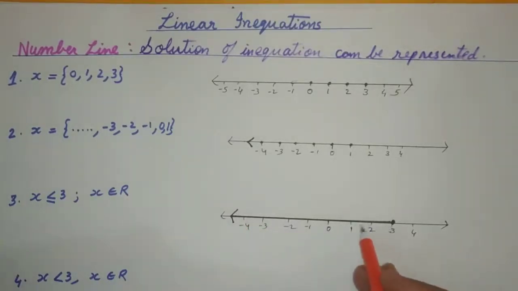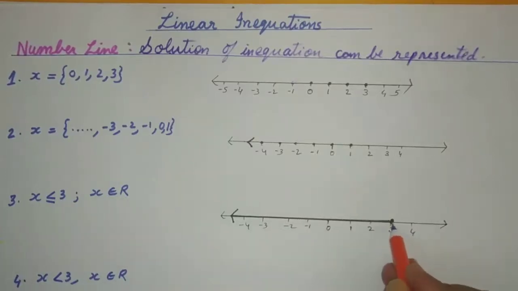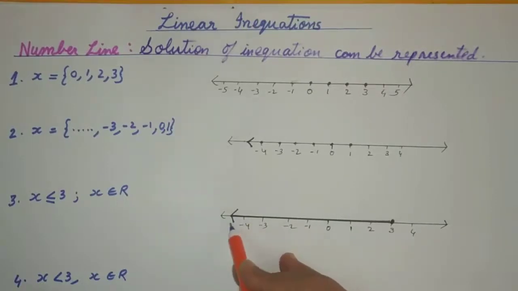Why a dark line and why a dot here? A dark line means all the numbers present are rational and everything less than 3 is included, equal to 3. So a darkened dot, a dark line on the number line and a dark arrow.